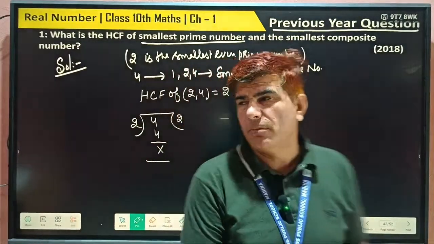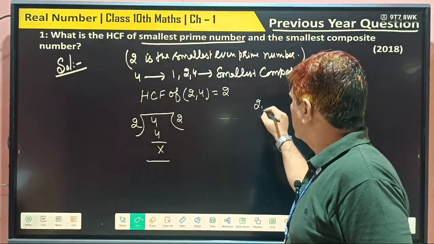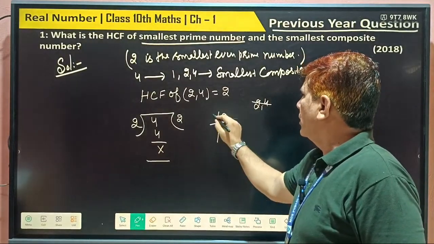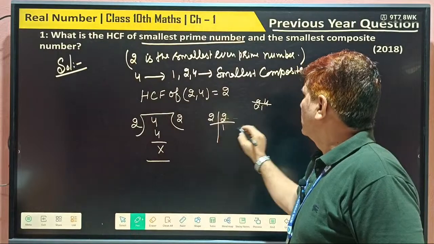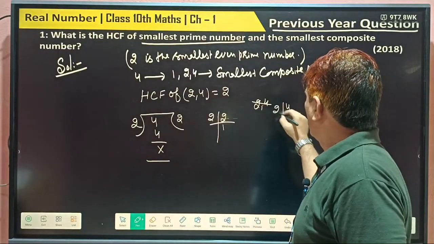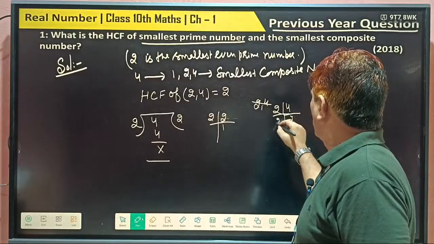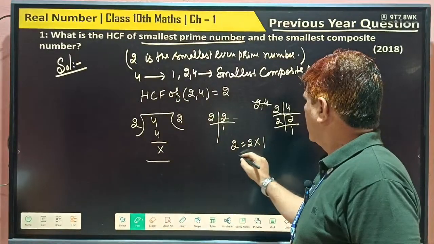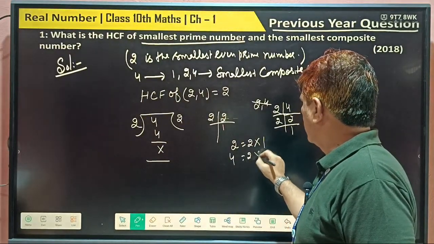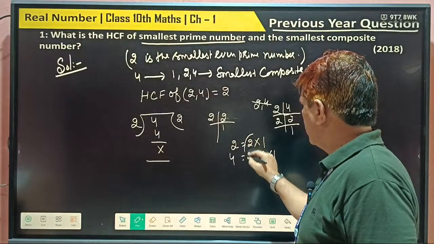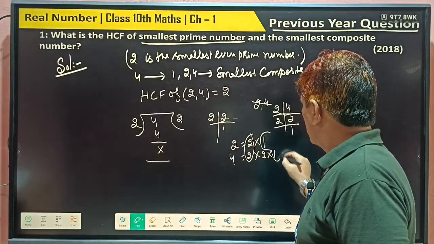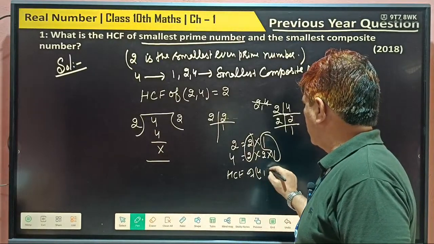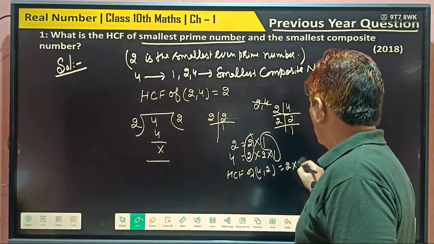Another is the factorization method. 2 and 4: we can say 2 is 2 into 1, and 4 is 2 into 2 into 1. So which is common? This is common, this is common. So what's the HCF of 4 and 2? 2 into 1, which is 2.